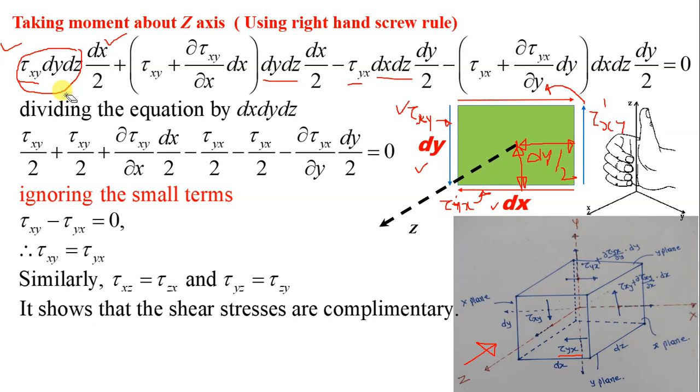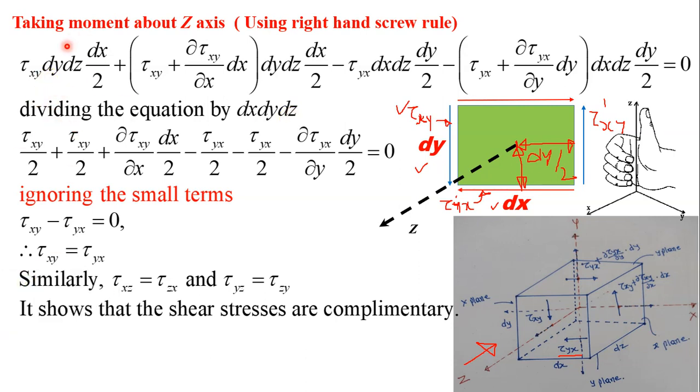To simplify this equation, we will divide the entire equation by dx into dy into dz. Now see what will happen.